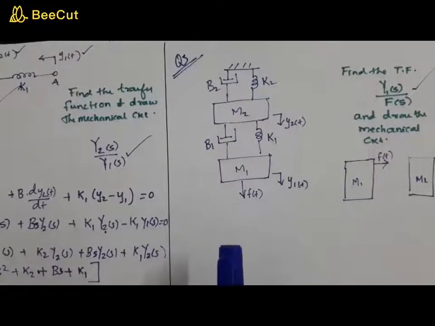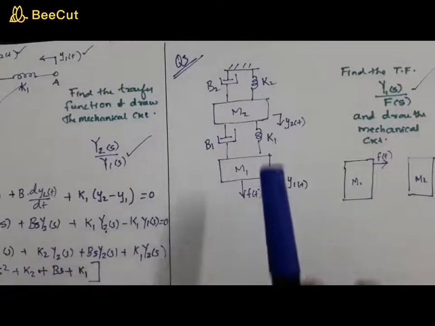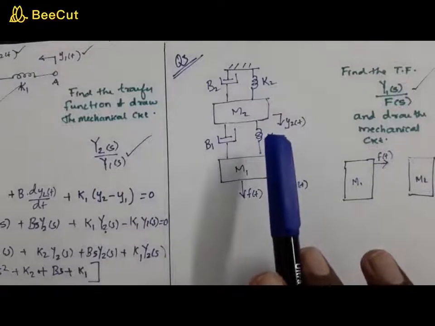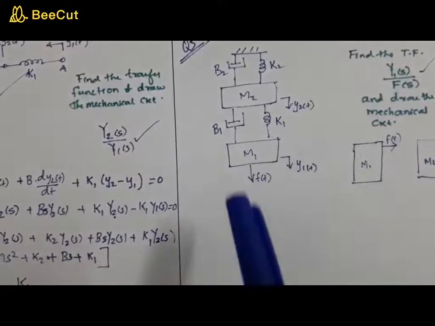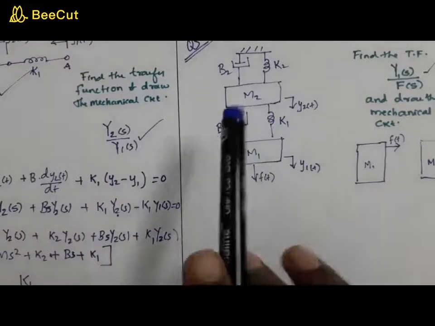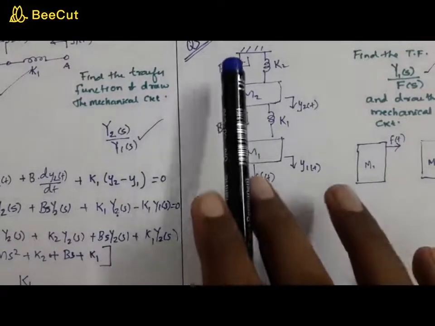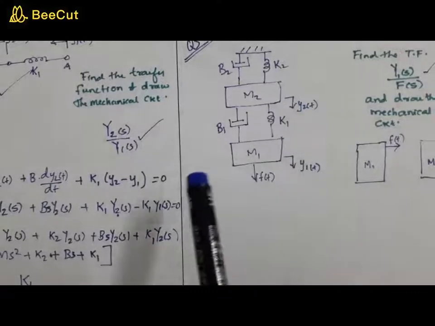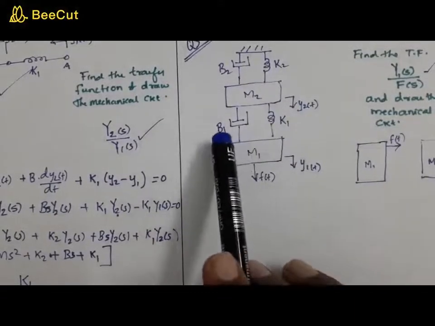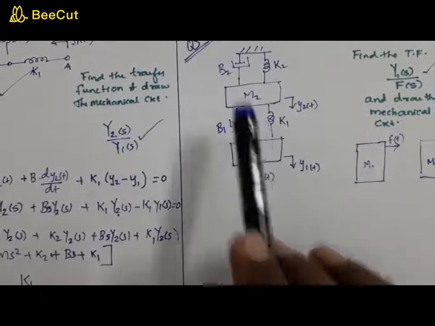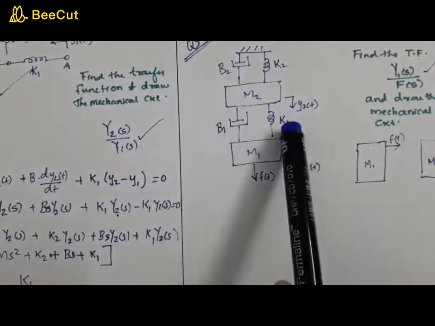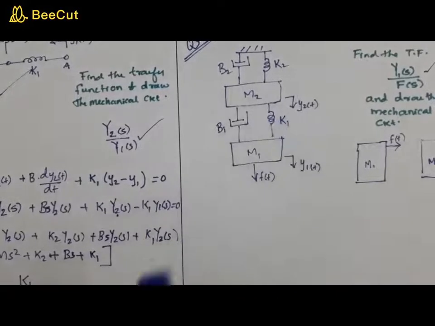Now, this system actually has two masses, named M1 and M2, and they have 4 other components, which you can identify as 2 dampers and 2 springs. The damping coefficients are given as B1 and B2, while the spring constants are K1 and K2.